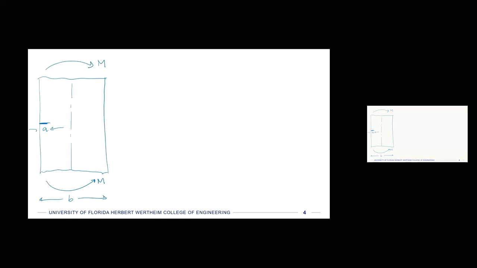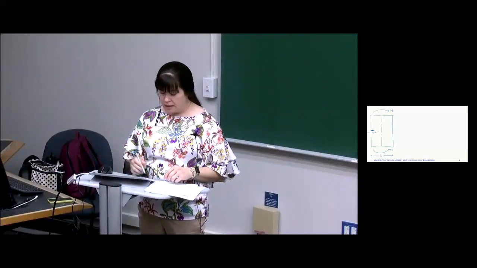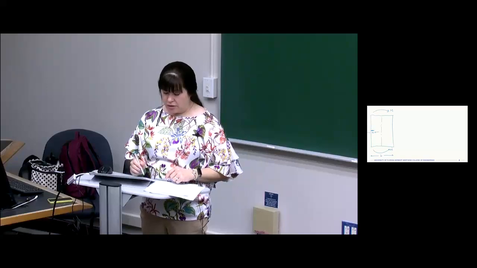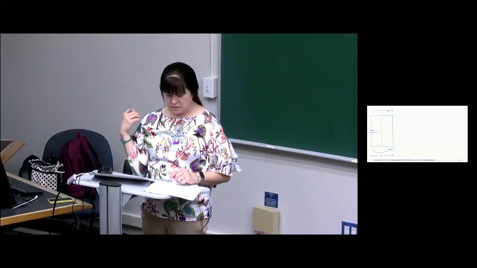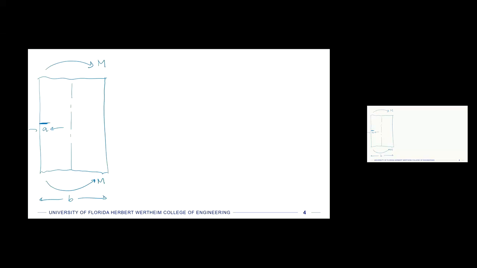So it's going to experience an opening, mode 1 opening, if the beam is bending in that direction. And at the crack, it's going to experience kind of a tensile and a bending that will contribute to the crack opening. Okay.